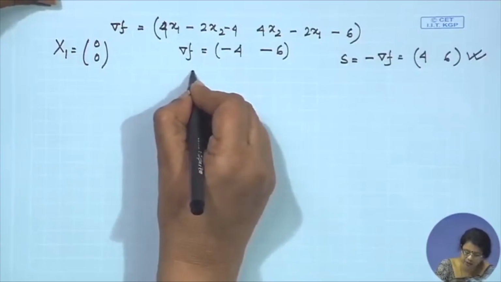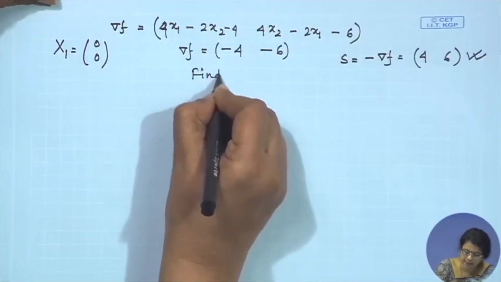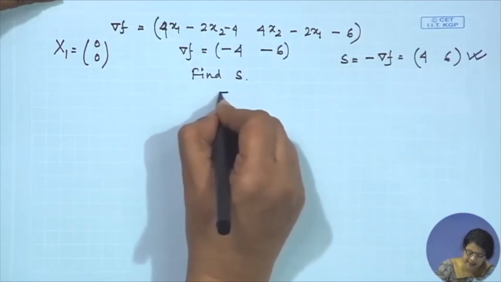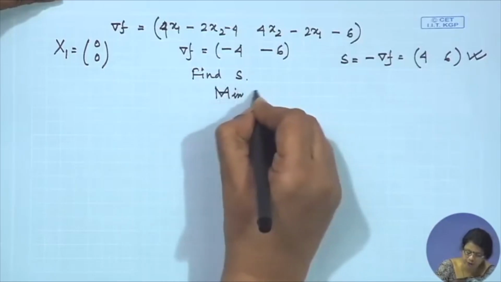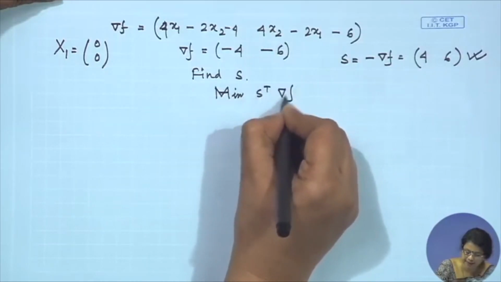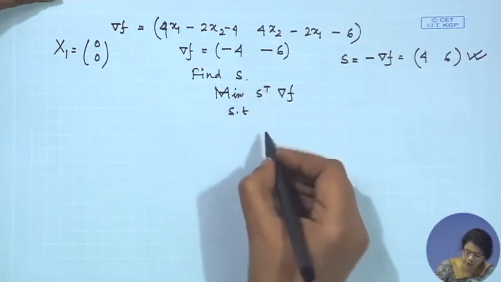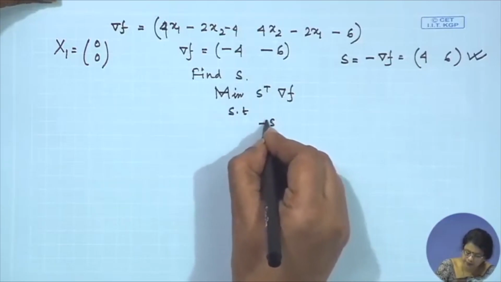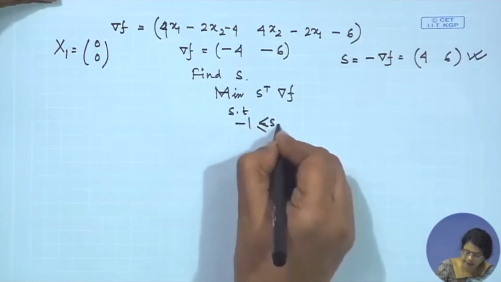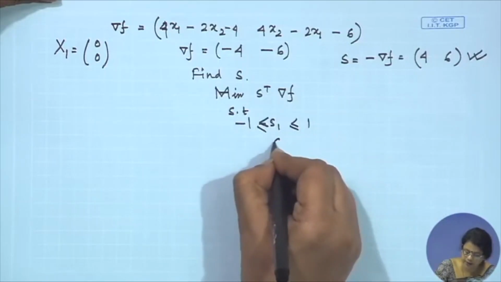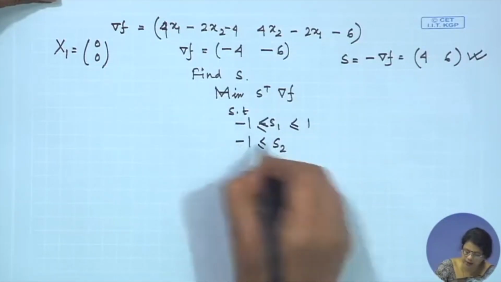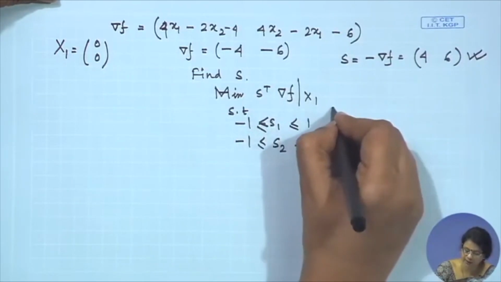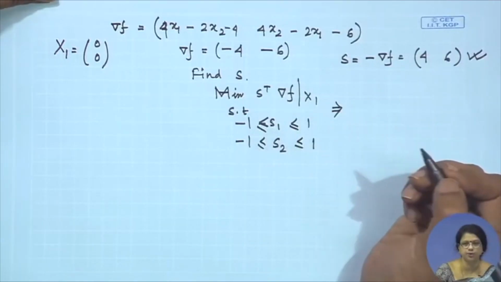We will find S such that minimization of S transpose grad f, subject to minus S1 would be minus 1 and 1, S2 would be minus 1 and 1 at point x1. That is also another way we can do. We can find out the direction, find S.